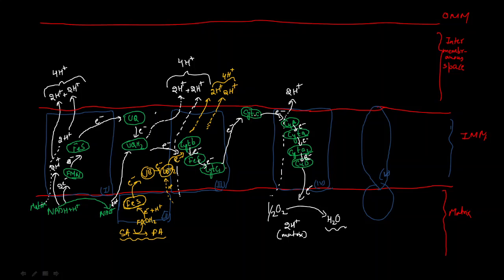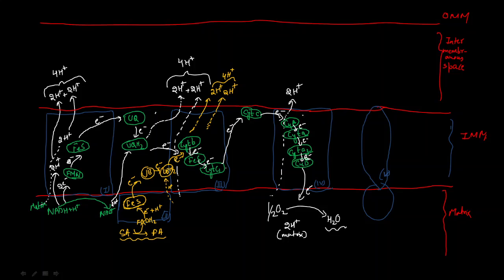Just like that, the cytochrome C is going to accept that electron, and this electron will be passed on to the fourth complex, in copper A, cytochrome A, not A3, and copper B. And ultimately, this electron will be accepted by the final acceptor, that is oxygen, and it is going to form a water molecule.